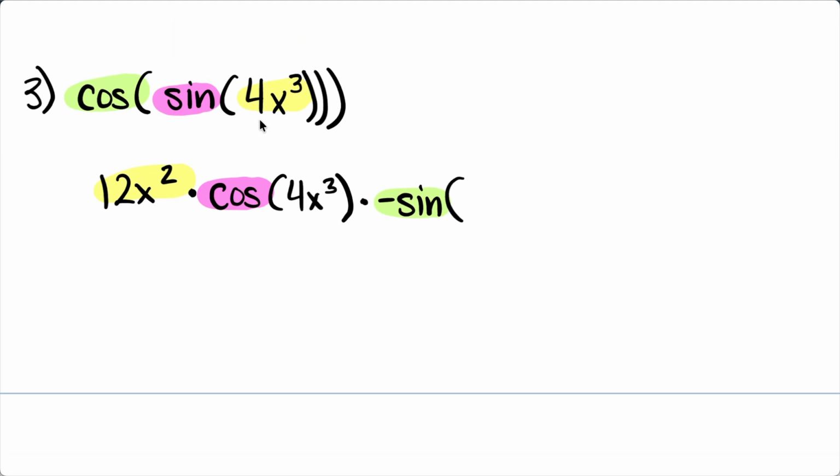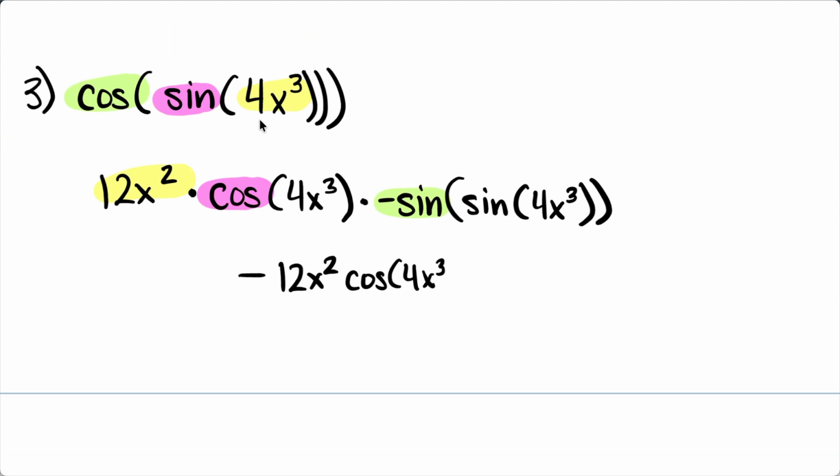So that stays exactly the same, sine 4x cubed. And that's our derivative. Now I can make this look nicer. I can put that negative in front. This would be negative 12x squared cosine of 4x cubed times sine of sine 4x cubed.